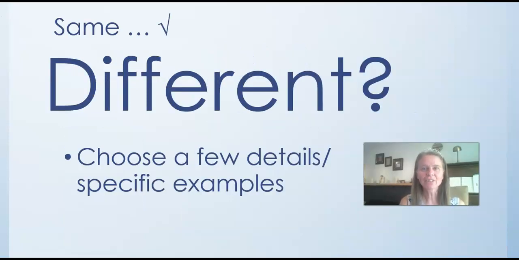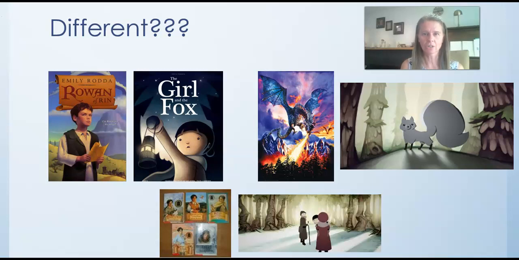Great! Now that you've shown how these 2 stories are the same, let's talk about how they're different. You can choose just a few details or specific examples of how the 2 stories are different. These 2 fantasy stories are different in several ways. For example, in Rowan of Rin, the main character is a boy, and in The Girl and the Fox, the main character is a girl. So that's one major difference.